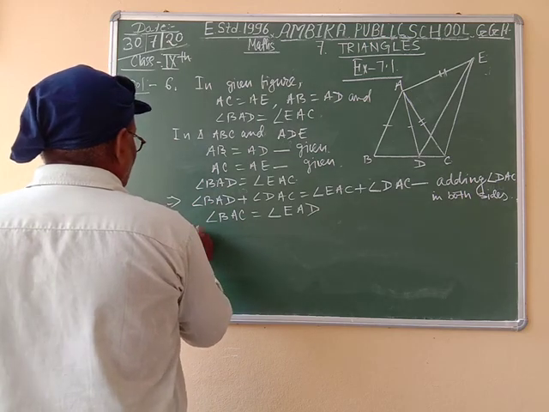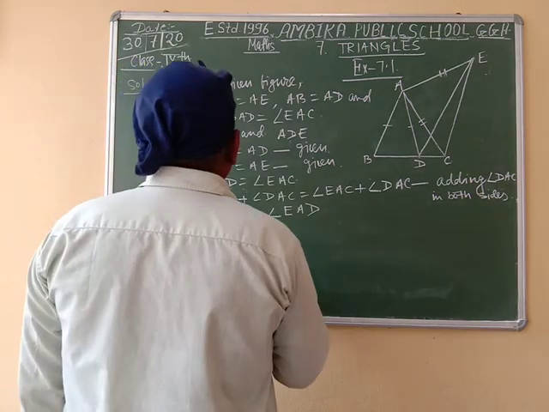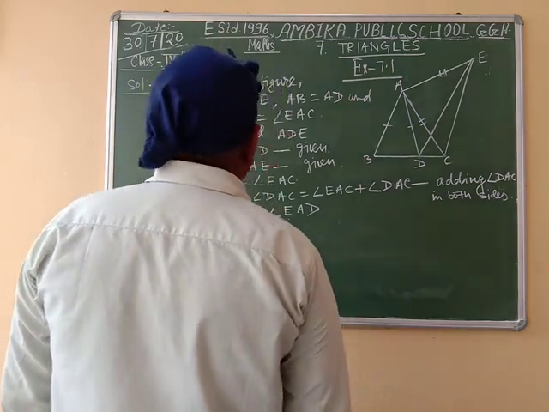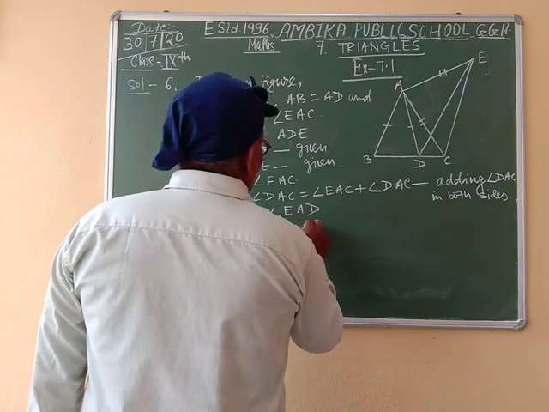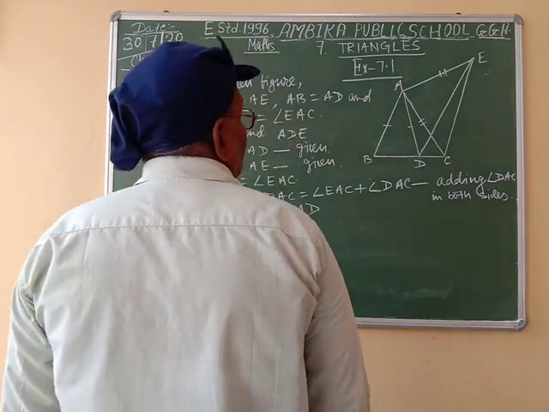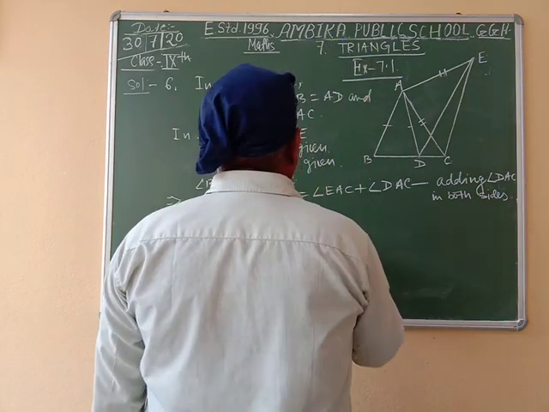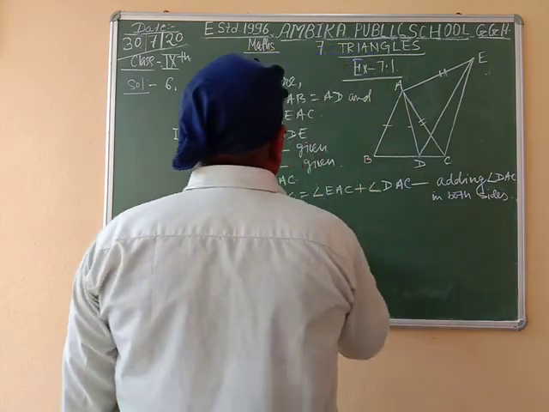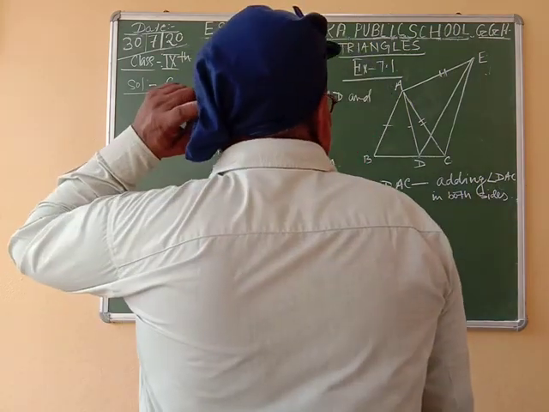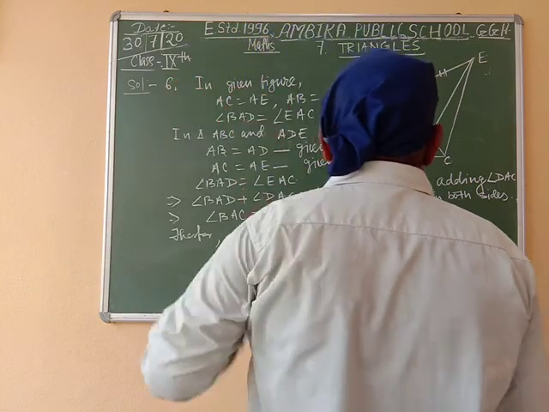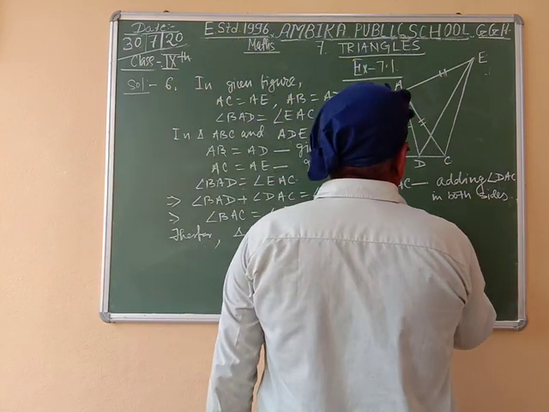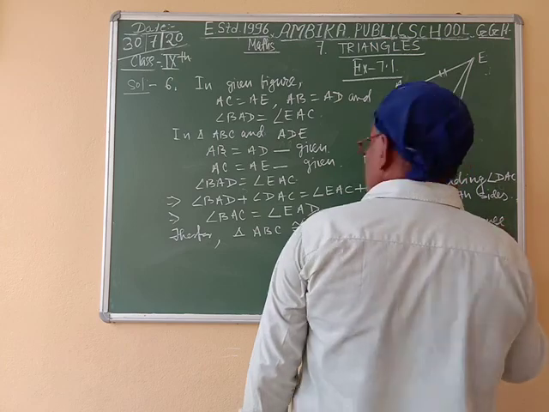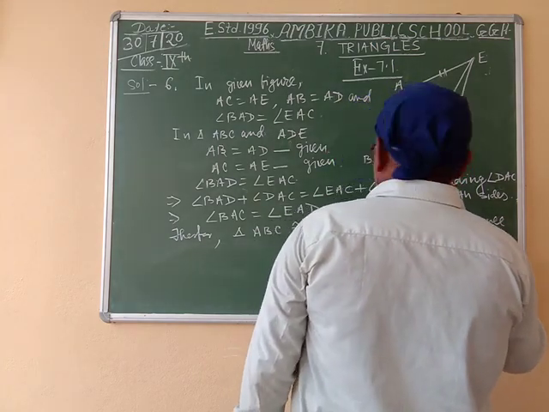Therefore, triangle ABC is congruent to triangle AED by the SAS congruence rule.